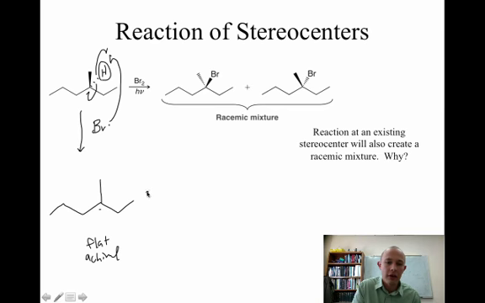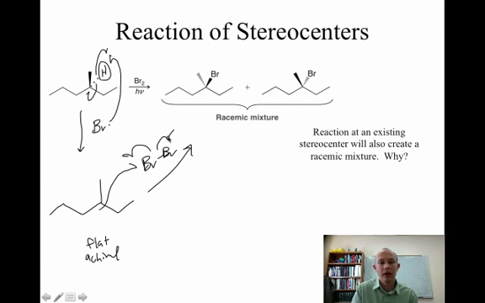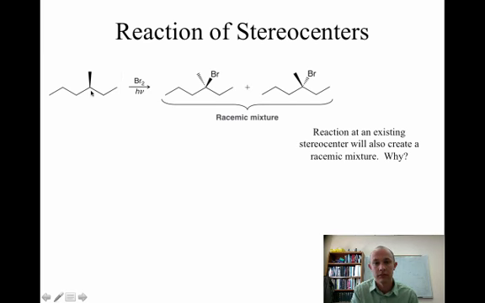And so when this undergoes reaction with bromine, that new carbon-bromine bond is equally likely to form from the top face of that radical or from the bottom face, and that's why we get a racemic mixture, even if we react at a CH bond on a stereocenter.